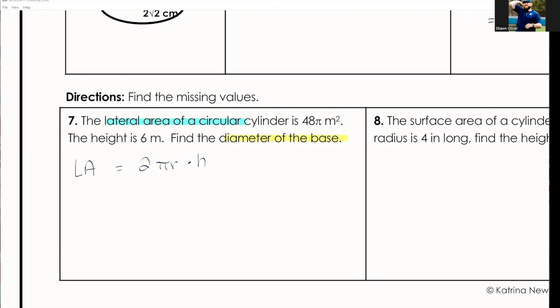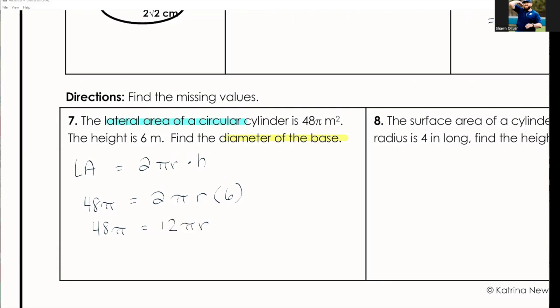So lateral area is 48 pi, which equals 2 pi times our radius times our height, which is 6. Take care of our order of ops. We need to do that multiplication. So 48 pi is 12 pi r.